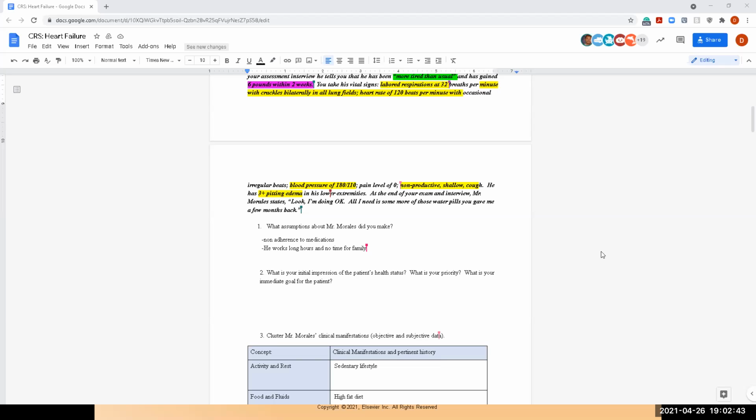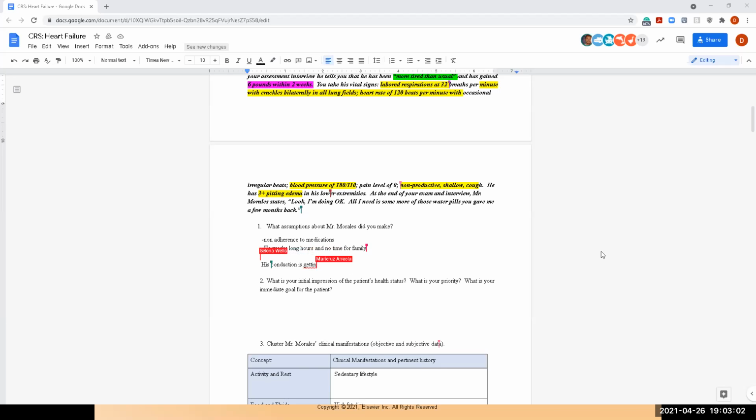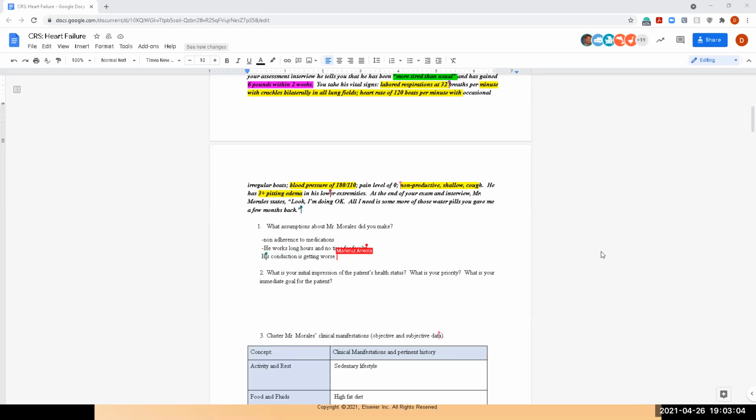What else? Anything else? Is what you're seeing on him, are you concerned? You can verbally answer that too. Yes, definitely, the weight gain. Right. The weight gain, his respirations being 32 per minute.